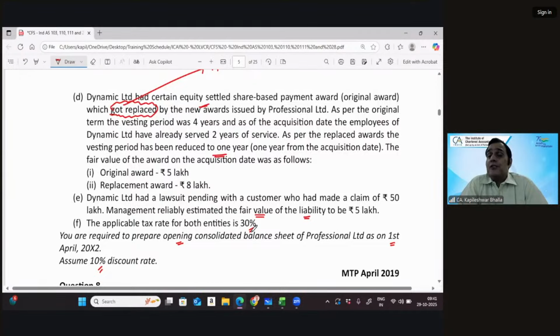Am I going to get the consolidated balance sheet, which is on 1st April X2? Take the balance sheet of P given in the question, incorporate that acquisition entry within it, and you get the opening consolidated balance sheet. Is my thought process correct?